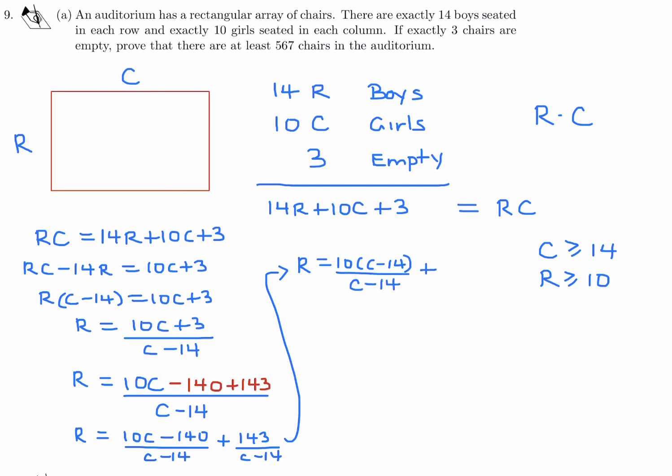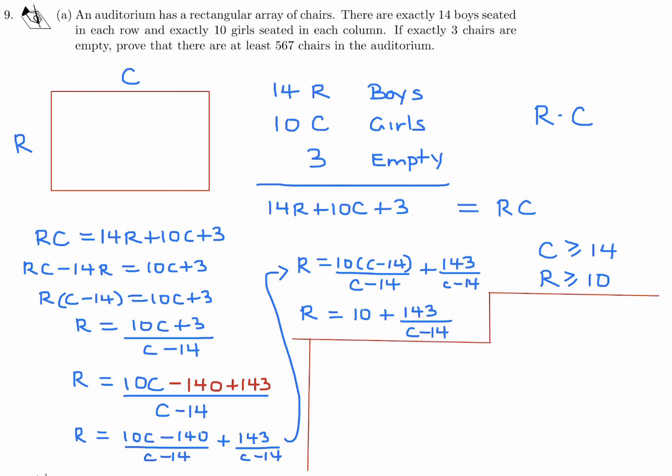And that part is still 143 over C minus 14. And then the C minus 14s cancel top and bottom like that. So you're just left with 10 plus 143 over C minus 14. All right. So at this point, hopefully, we can now figure out the integer solutions to this question.